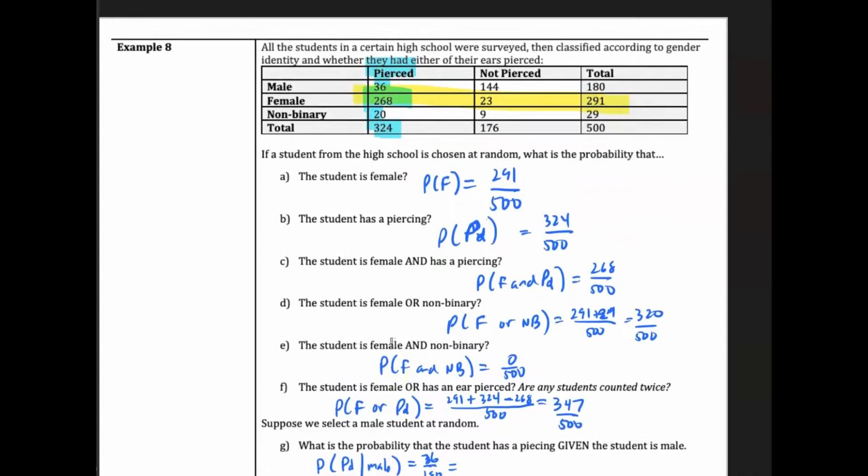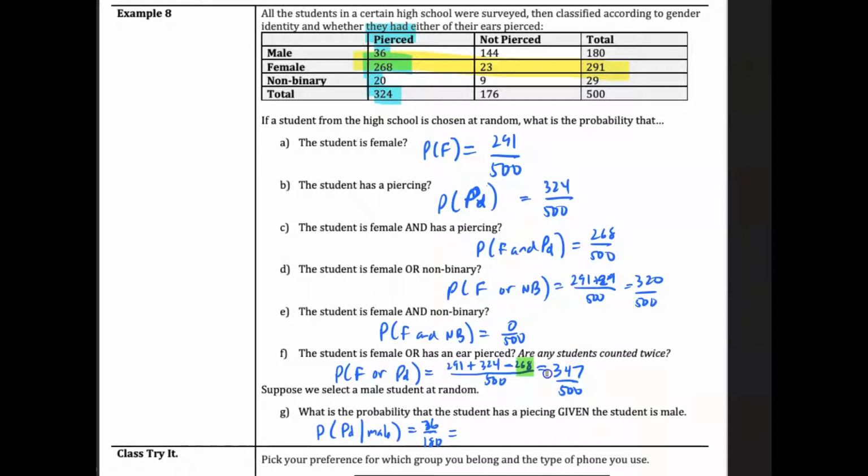So you can see 291 are female, 324 are pierced, and then I end up subtracting out the 268 because there's an overcount as we add these up. 291 plus 324, I have to subtract out one of the 268s because it was there twice. 268 plus 23 is 291. 36 plus 268 plus 20 is 324. Notice it was added twice, and I don't want to double count. And so you end up with that fraction right there.